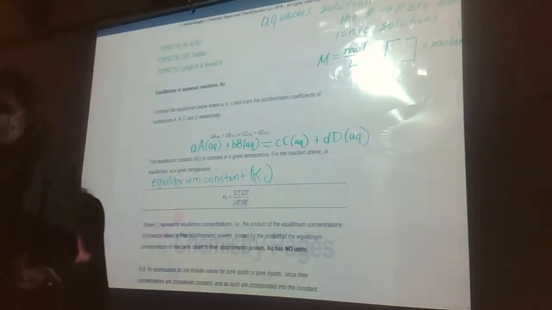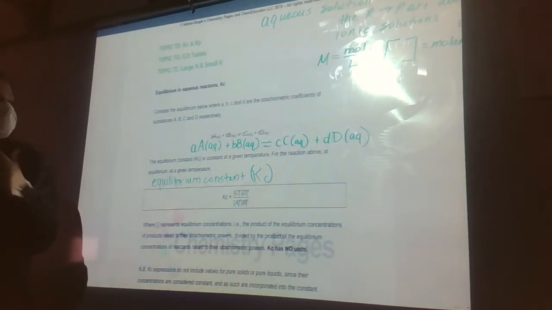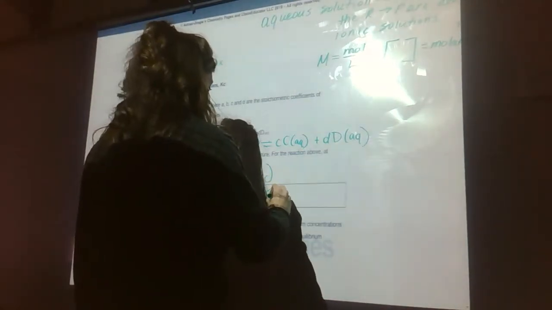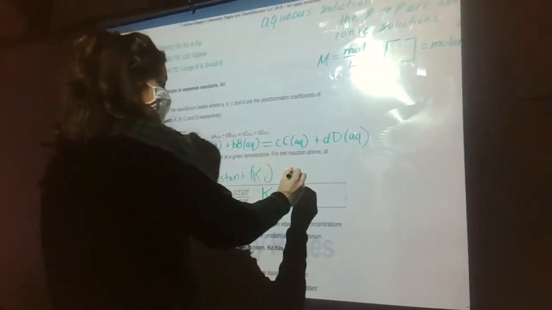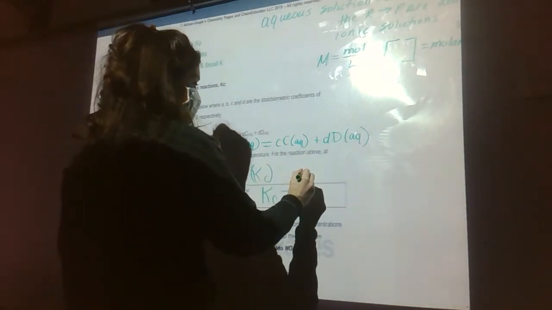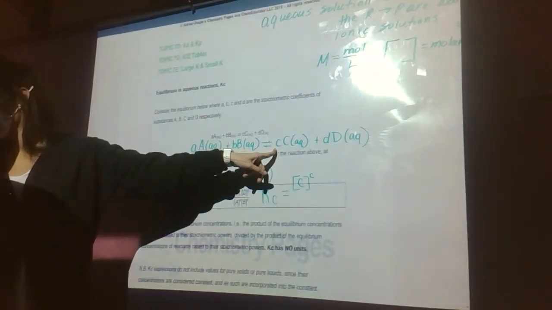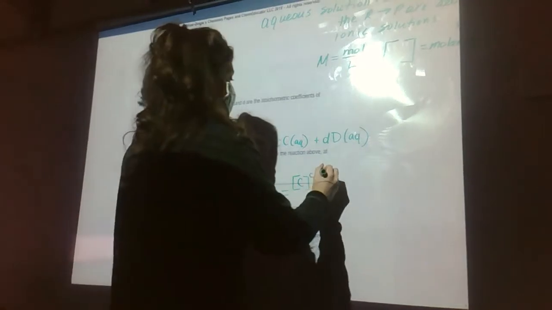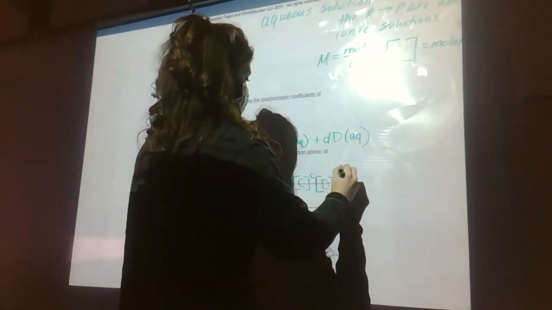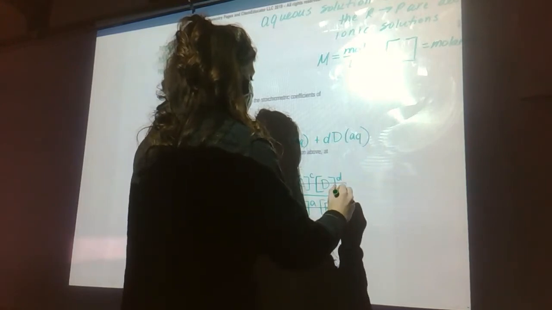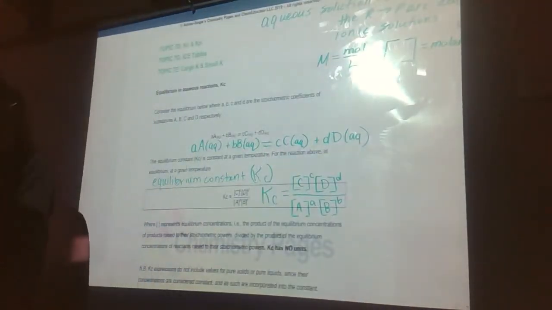K is an equilibrium constant. C means concentration. It's an equilibrium constant based on these concentrations, these molarities. And Kc is equal to the concentration of the products to their power, which is the coefficient in front of them, divided by the concentration of the reactants raised to their powers, which is their coefficient.